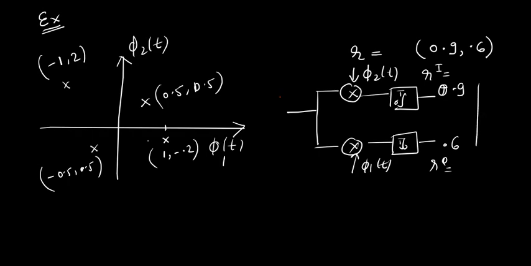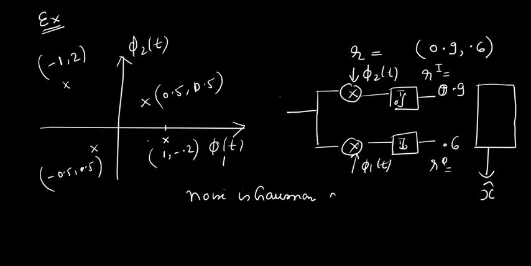Now tell me, which one of these symbols have I transmitted? First, assuming the noise is Gaussian and additive.